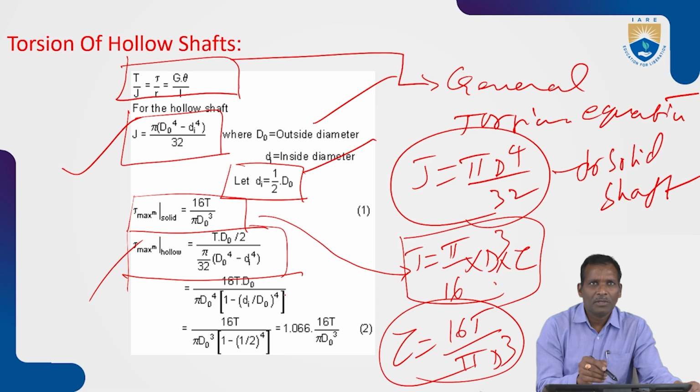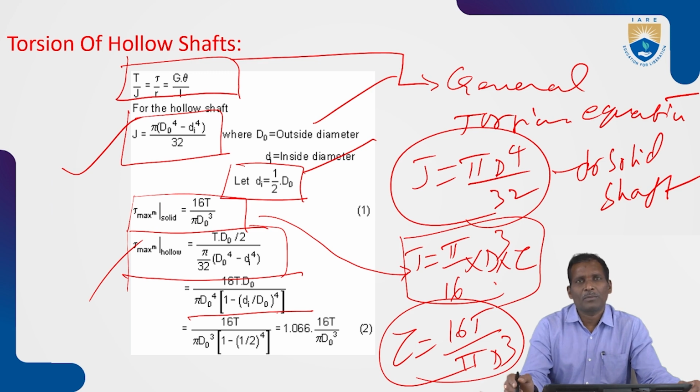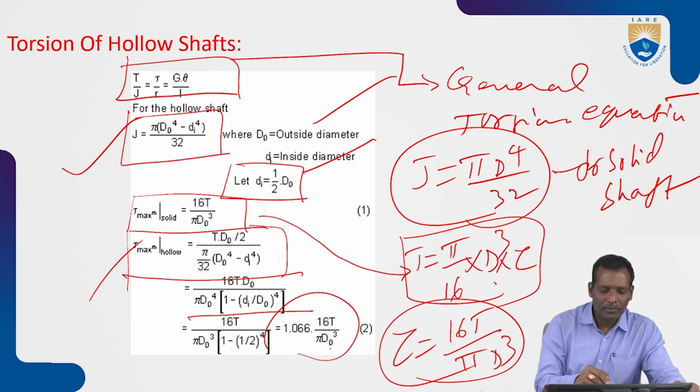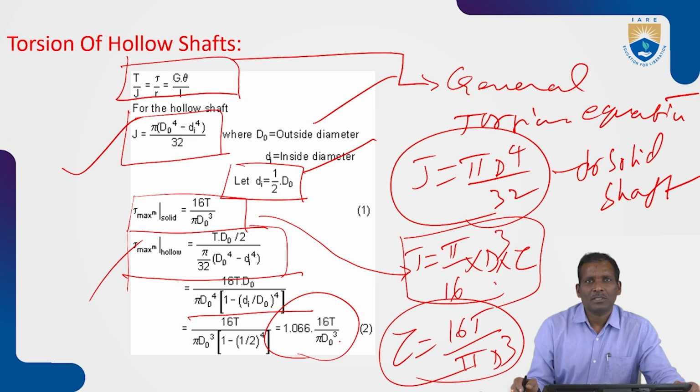Now simplify this equation: 16T into d naught by pi d naught to the power of 4 multiplied with 1 minus di by d naught to the power of 4. Now finally we will get 1.066 into 16T by pi d naught cube.